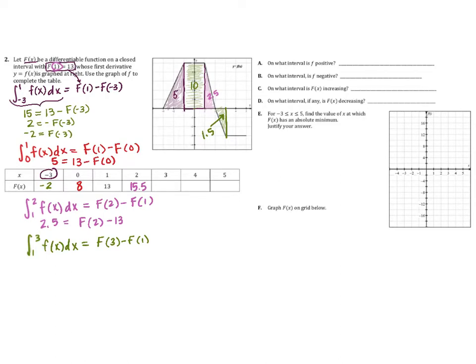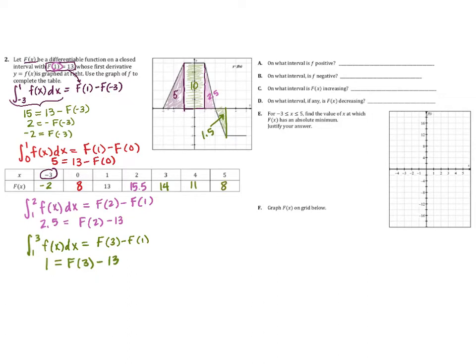So 1 to 3, I know that was 2.5 minus 1.5, so I know that's going to be a 1 equals F at 3, which is what we're looking for, minus F at 1, and F at 1 is 13. So it looks like we're going to end up with 14 for F at 3. And we continue on the same process. You should get 11 for F(4), and for F(5) you should get 8.